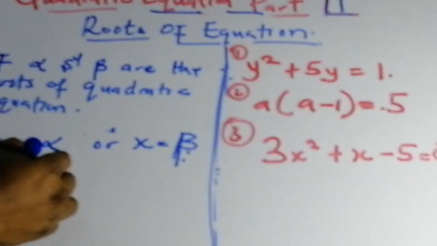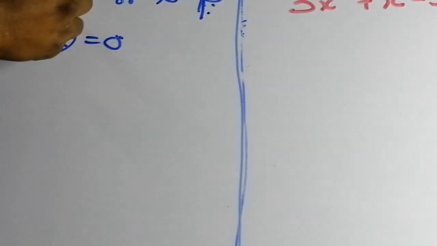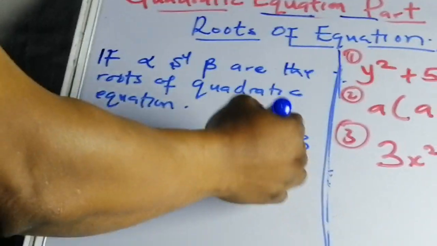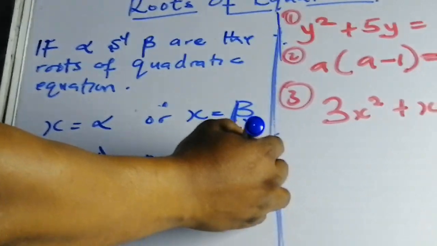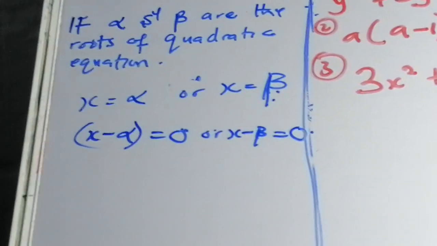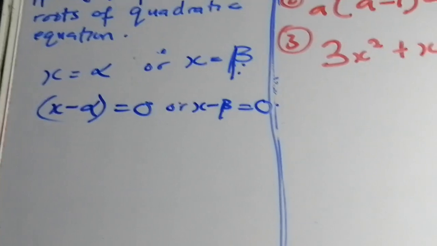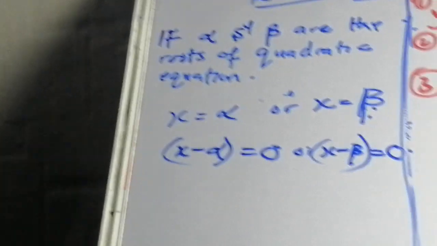But from here, I can change this to be x minus alpha equals 0. Like I told you, there's a plus here, we don't usually put plus. So if plus is crossing the equal sign, it will turn to this. I can also say x minus beta equals 0. Now equals 0 is common, so I can just pick the two of them, just like a normal quadratic equation after you factorize.